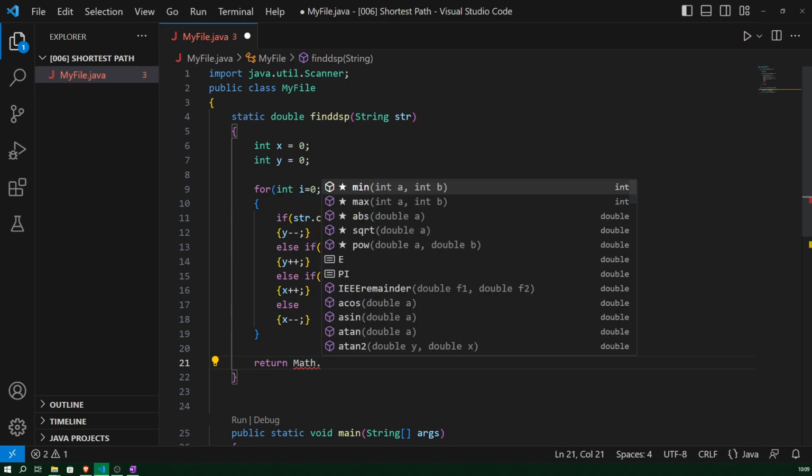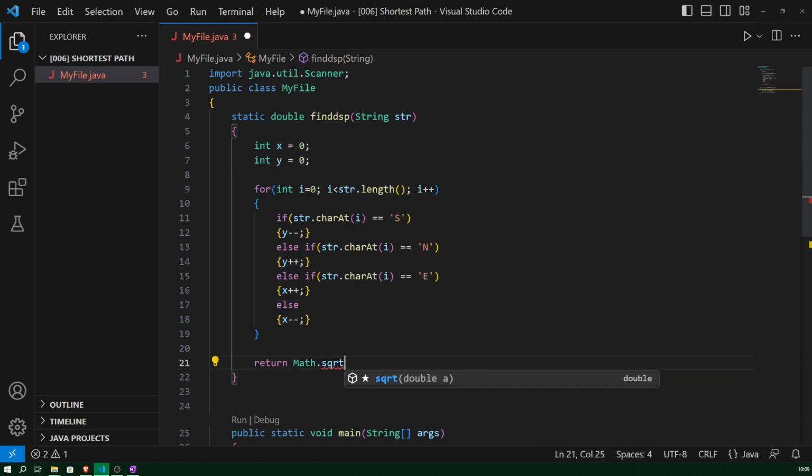Math dot sqrt for square root, and then what? We need to do square root of x square plus y square, so x into x plus y into y.